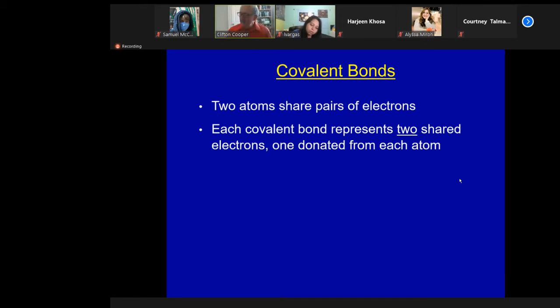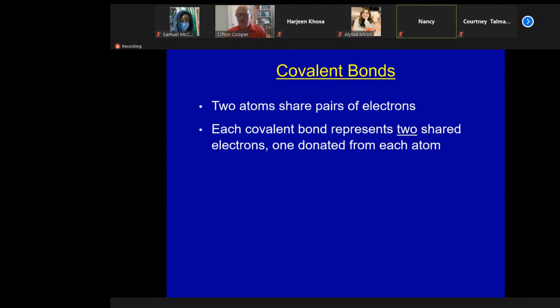When that happens, let's say if we have, for instance, an oxygen and a hydrogen, and they enter into a bonding arrangement. What they do is they share 2 electrons. Each one of them contributes one of the electrons to that shared pair, and we end up with something like I'm indicating here.